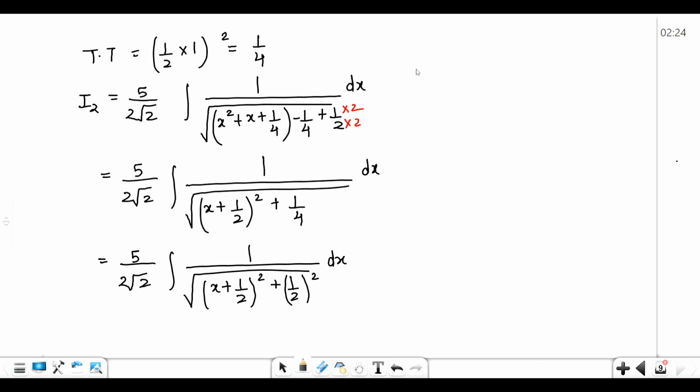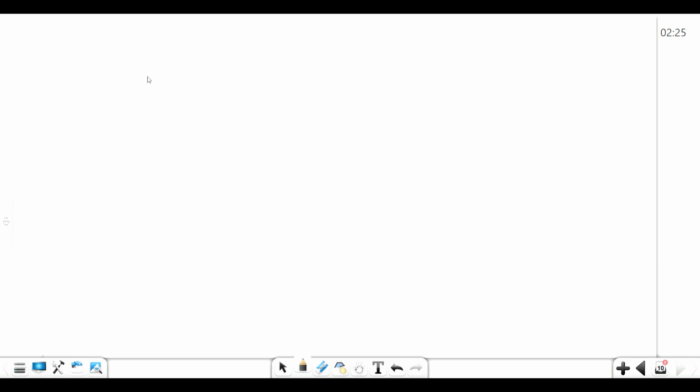I2 is equal to, we'll take it on the next page since it is a big formula, 5 upon 2 root 2. The formula was log mod x that we have to take, so x is x plus 1 by 2 plus the square root of x square plus a square.